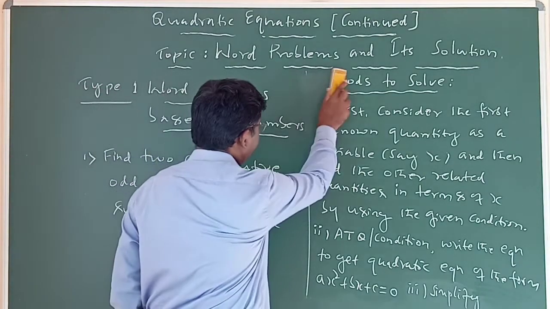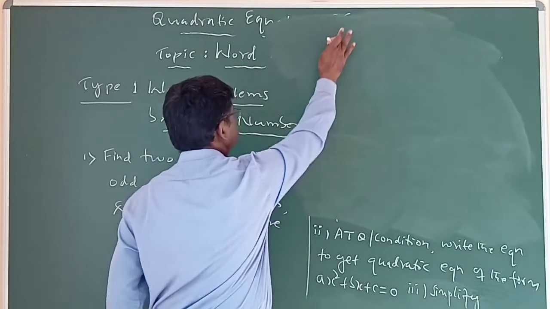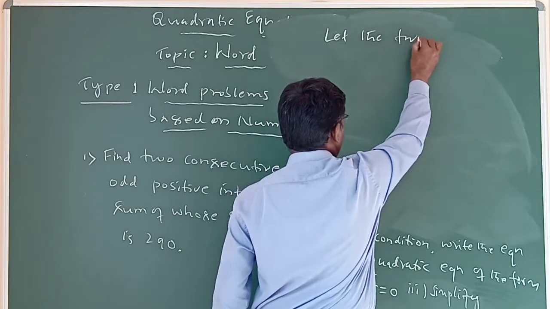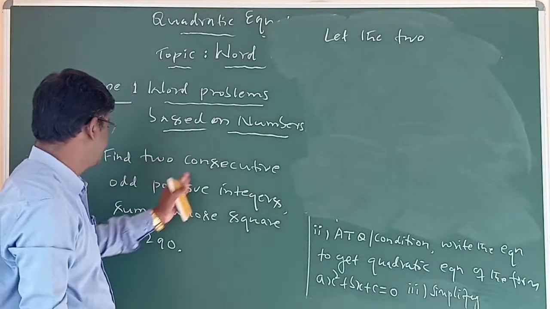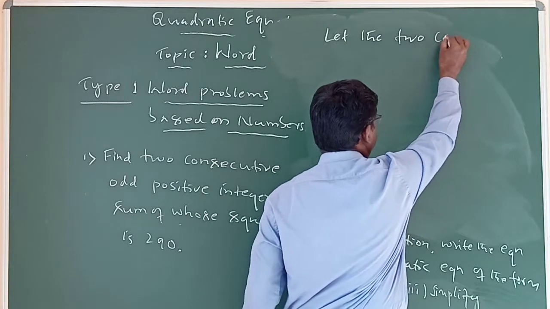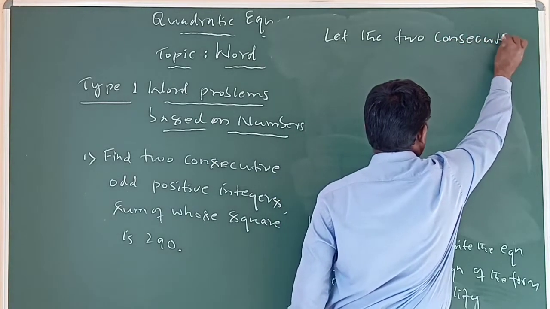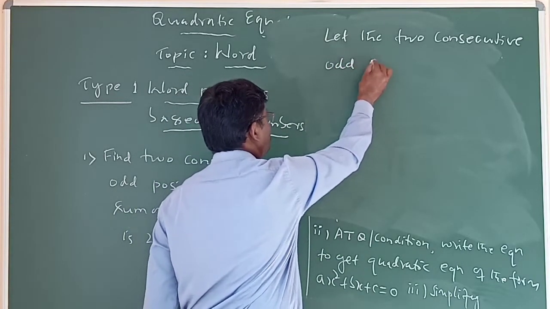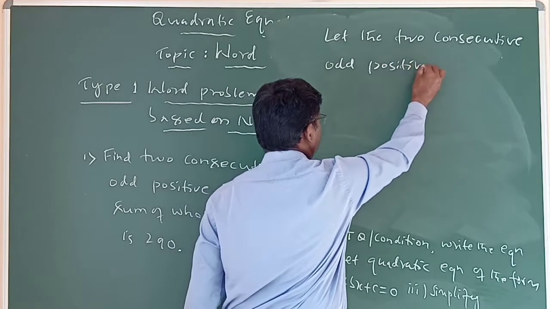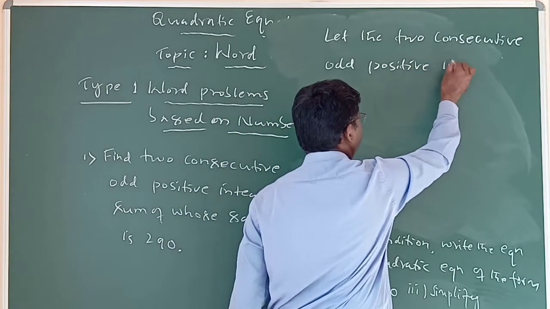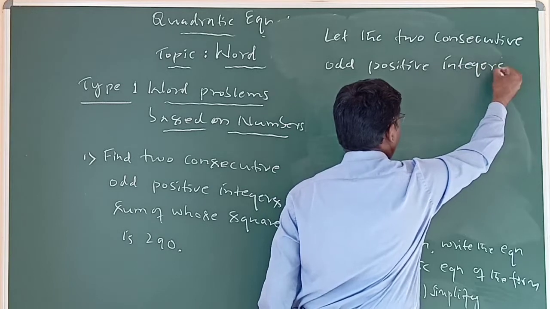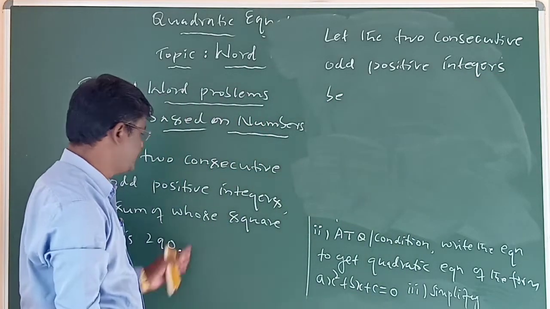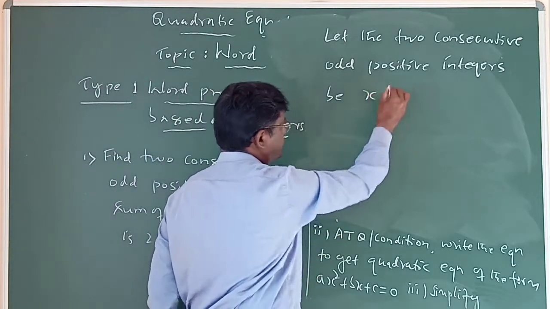Now therefore, let the two consecutive odd positive integers be... Let us assume the first odd number as x.